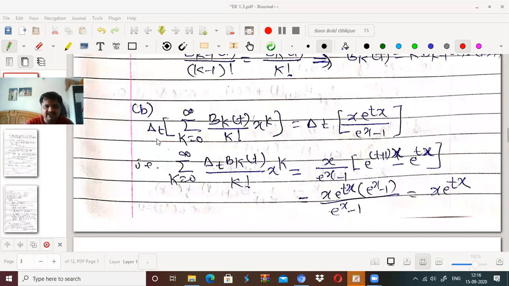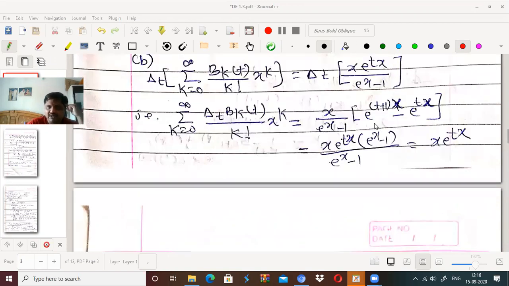Therefore delta outside goes inside, because delta of addition of two terms is equal to separate delta of each, that we have used. Here also, take the terms which are independent of t outside this delta. So x upon e to the power x minus 1 we can take outside, and only we have to take delta of e to the power tx. What is the delta of e to the power tx? e to the power (t plus 1)x minus e to the power tx. How do we find delta? t is replaced by t plus 1 and then minus t as it is.